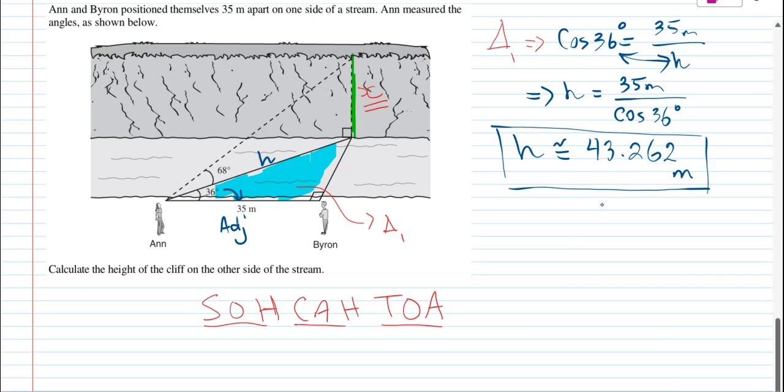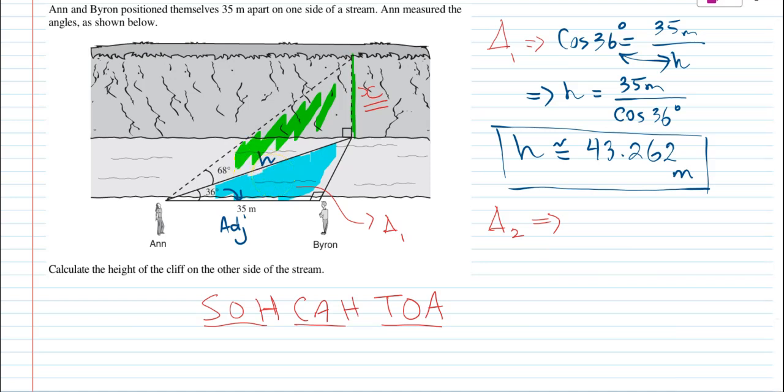Now that we have this, we're going to go ahead and look at the second triangle. So triangle number two, what do we have? Look at what you have and what it is that you want. We have an angle. We have this side now, which was the hypotenuse of the first triangle, but it's an adjacent side again. You see that?